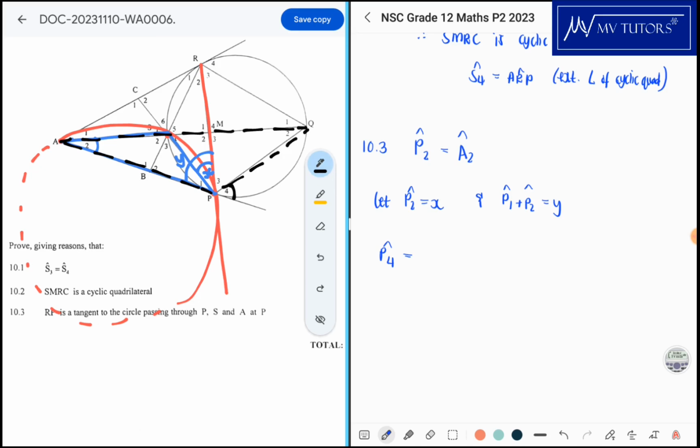If I look at this triangle RPQ, in this bigger circle. Well, for now it's the middle circle, it's not that big anymore. So P4 will be equal to R3. Alright, and that is the tan chord theorem.